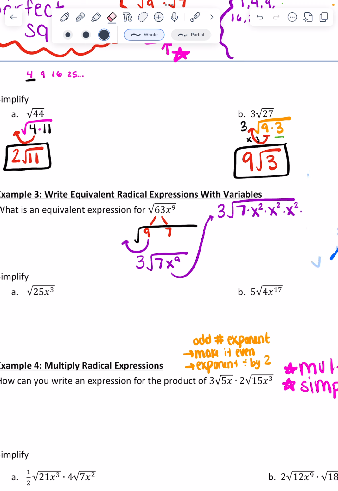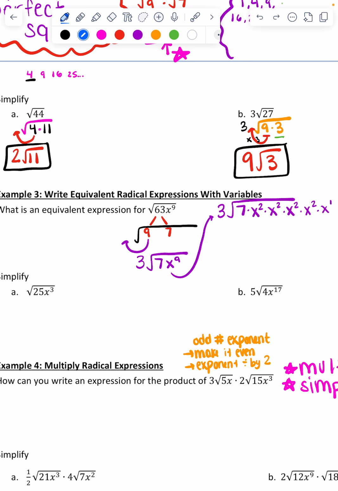Let me erase this for a second. All right. So what I'm writing right now is the same thing as x to the 9. Remember, when we multiply variables with the same base, we add their exponents. So this is 2, 4, 6, 8, 9. I just expanded, but this is equivalent to x to the 9.